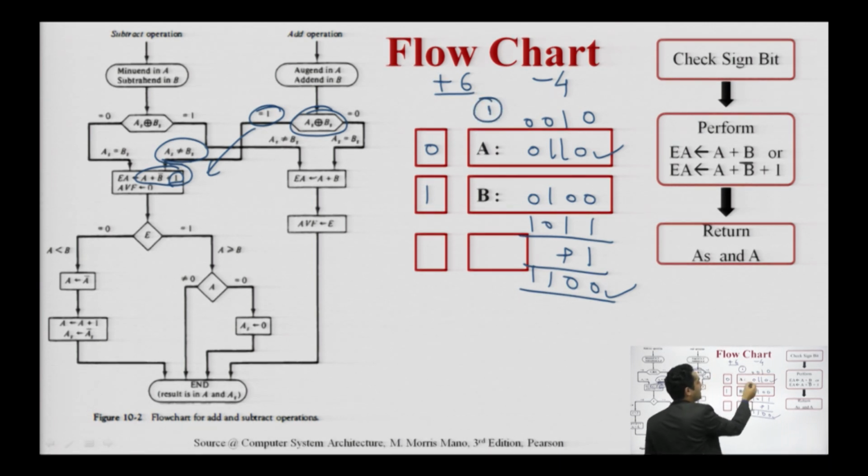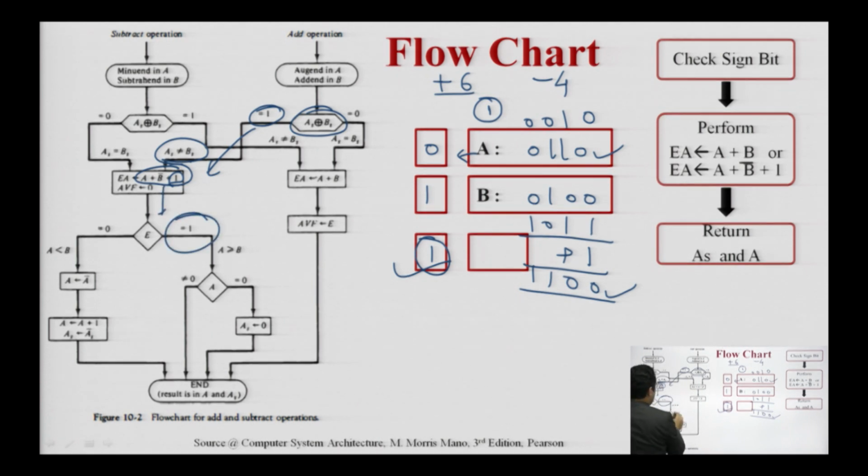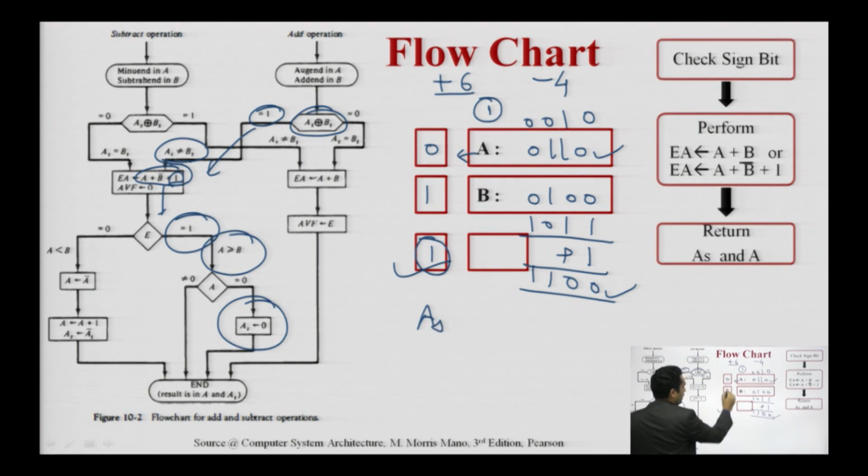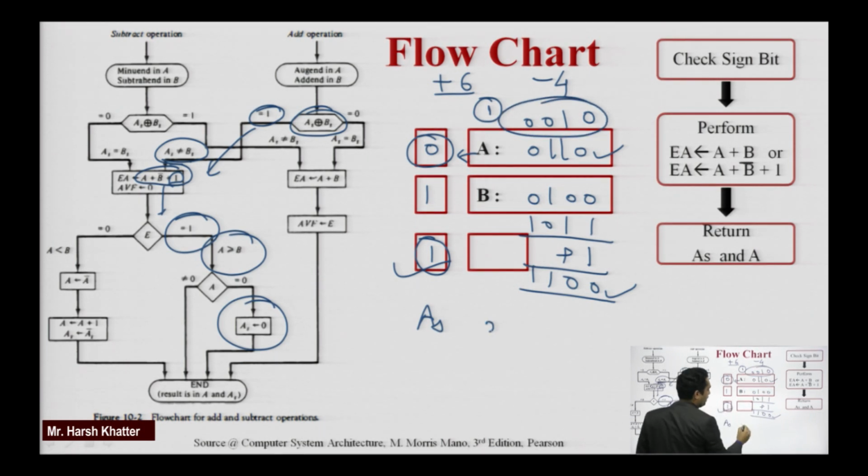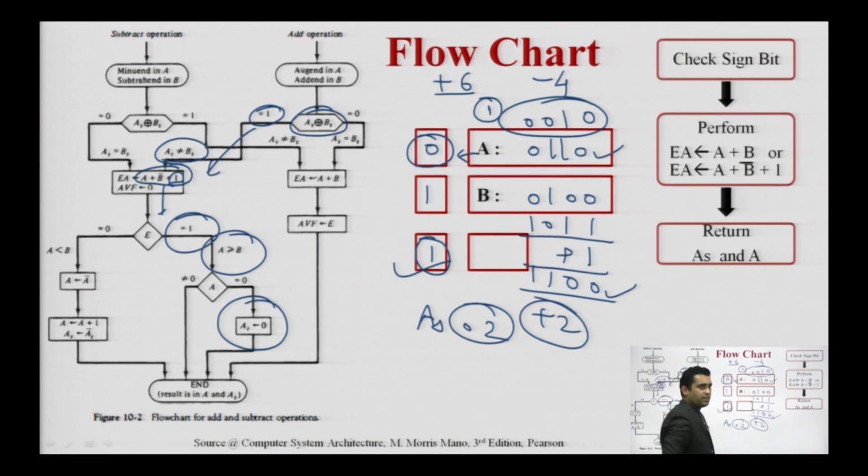Now this one is out of bounds for A, because the size of A is 4 bits. So the carry is generated, and when carry is generated, we move to this part. Yes, A is greater than B, AS is 0, and we get the answer as this. So the answer is 2. 0 represents plus. So this is the example of addition and subtraction.